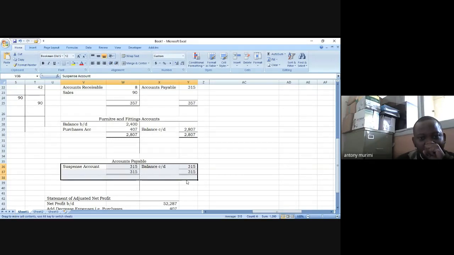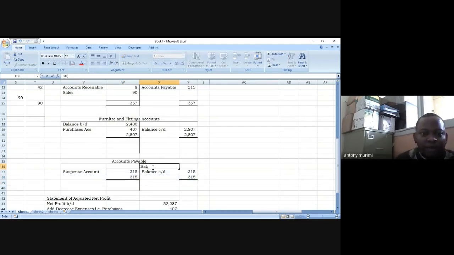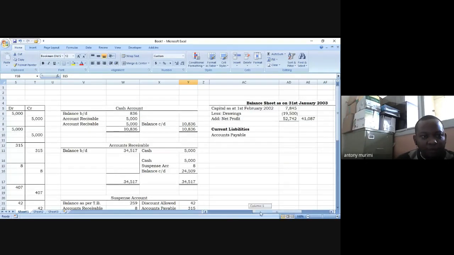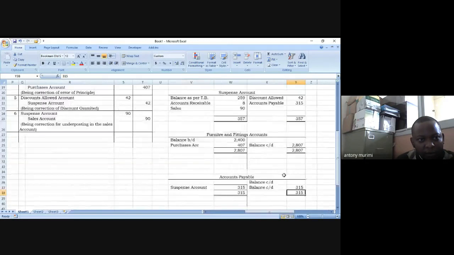In my case here, there is no balance carried down, so I need to correct for this. The balance carried down in the accounts payable should have been 6890.